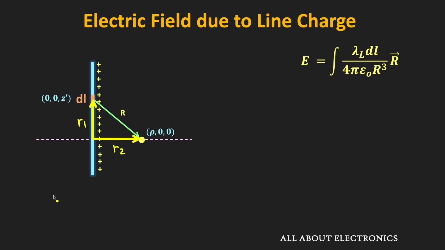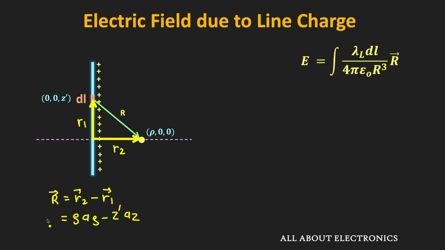So we can say that here this vector r is equal to r2 minus r1. If we see the expression of r2, that is equal to rho times a rho. Likewise, this r1 is equal to z dash times az, because the observation point has only a rho component, while the differential length dl only has the z component.